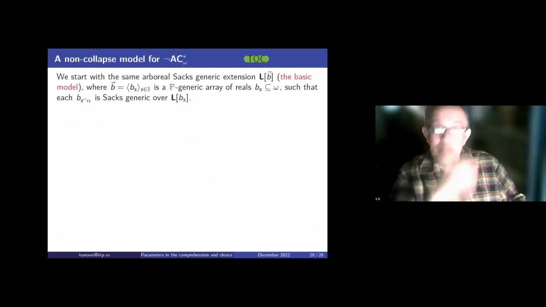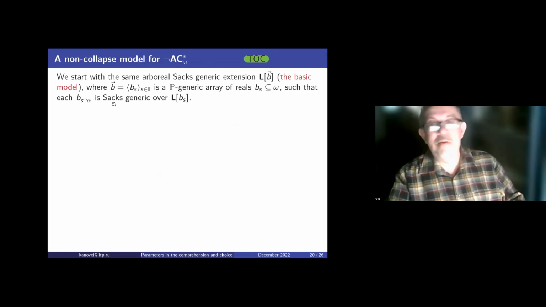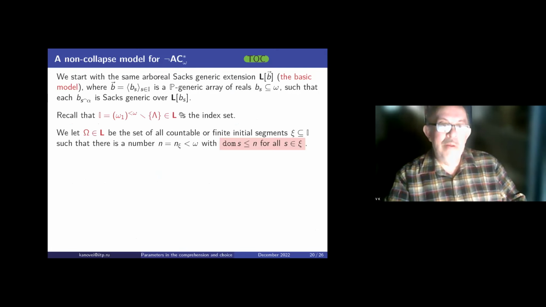Well, once again, it's some models of the same basic model, L of vector B, with the index set. Now, just consider certain initial segments of this index set.